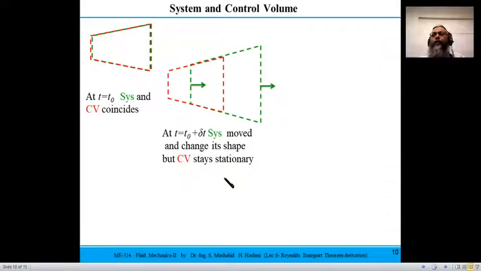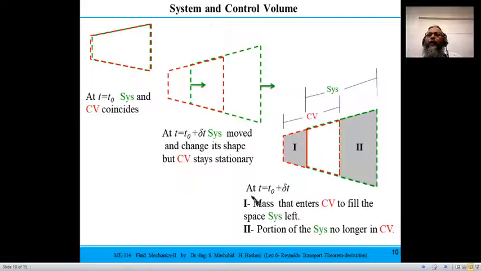We can show the same thing more clearly. This region of interest, which is red, that is the control volume, remains the same. What has happened, this green is your system. It has changed its shape and size.